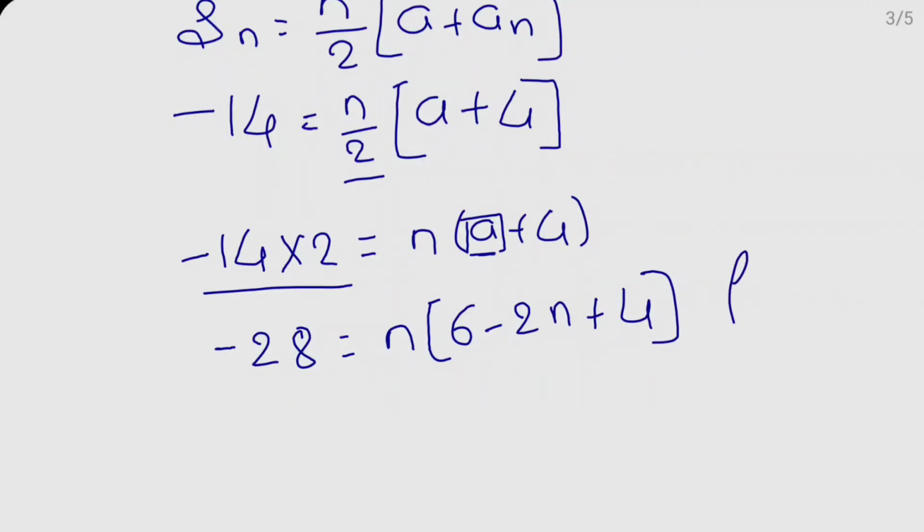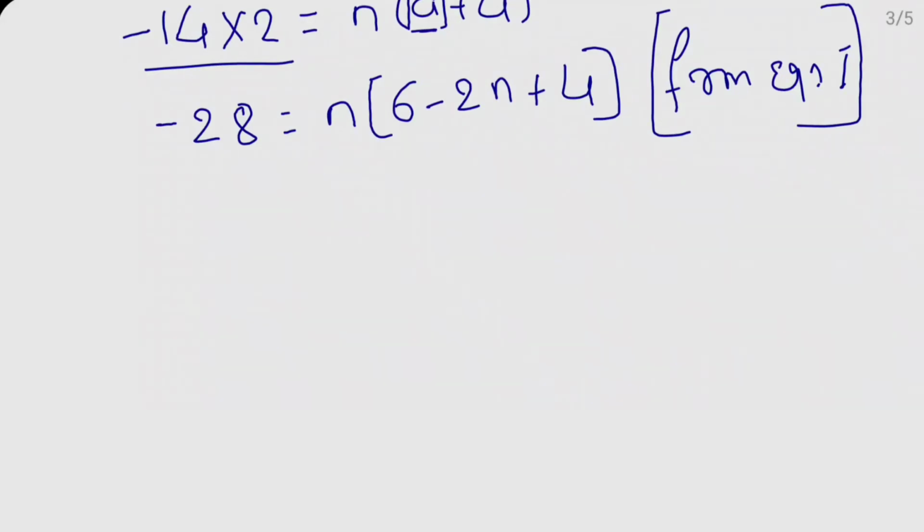Is it clear? So from equation 1. Any doubt? And now here minus 28 as it is, and this equal to n, 6 plus 4 is 10 minus 2n.